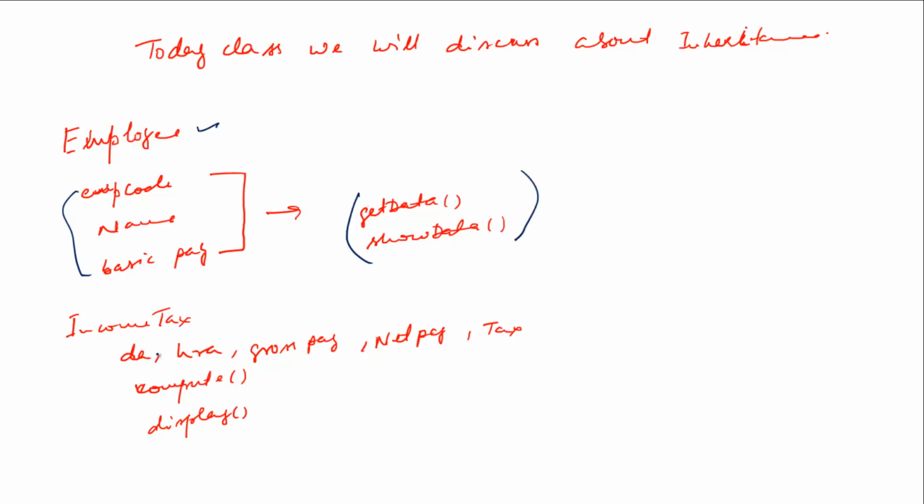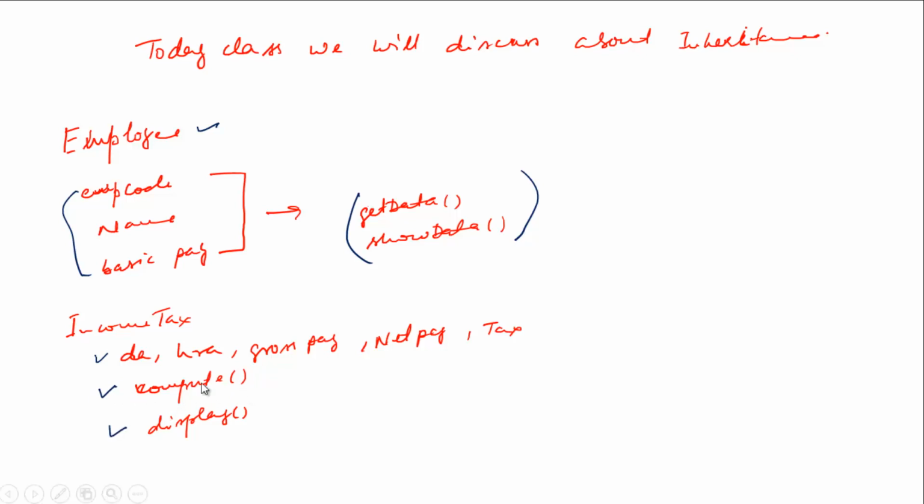Then there is another class, IncomeTax, with DA, gross pay, net pay. This class will inherit the Employee class, so all the contents of the Employee class will be in this class too, and in this class these are the instance variables and these are the two methods.